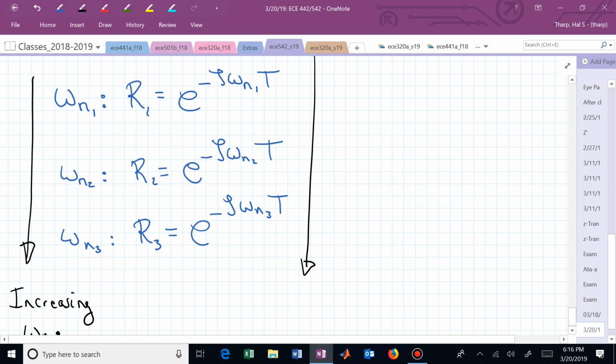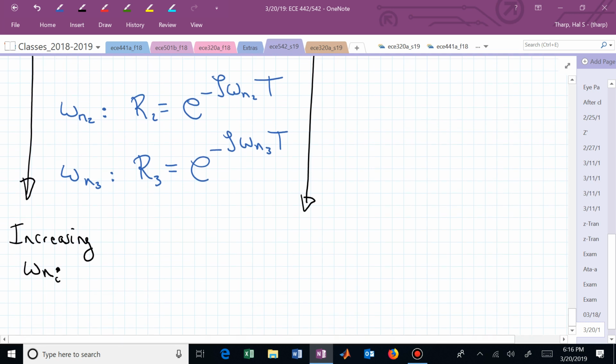Is it increasing or decreasing in those lines from top to bottom? It's getting smaller, isn't it? Because the omegas are getting bigger. We haven't changed zeta and t. We're increasing the exponent, and we have a minus sign in the exponent. So this is corresponding to decreasing R sub i.